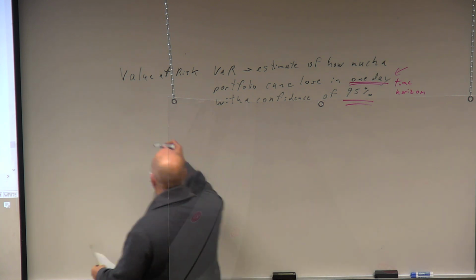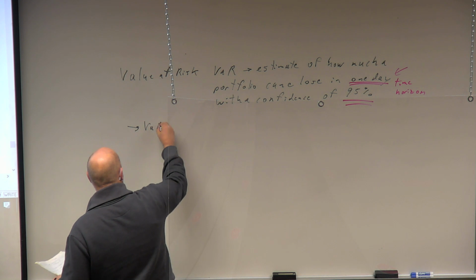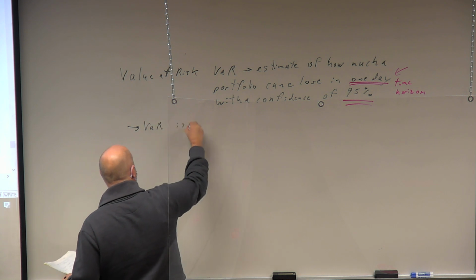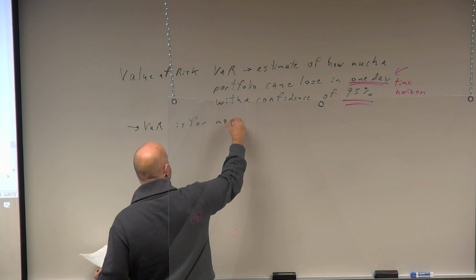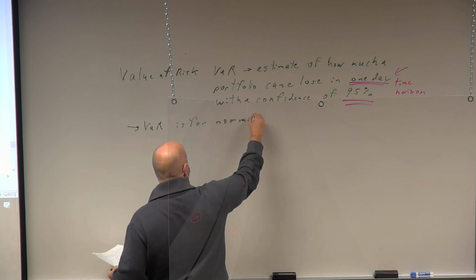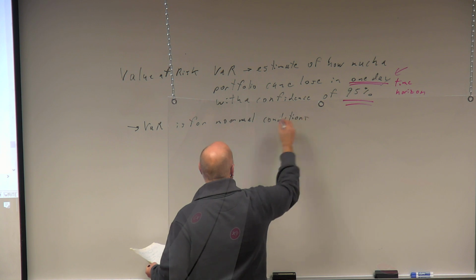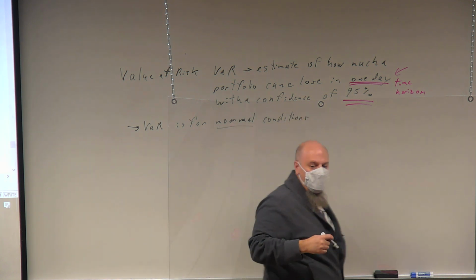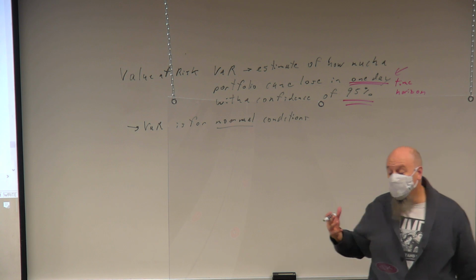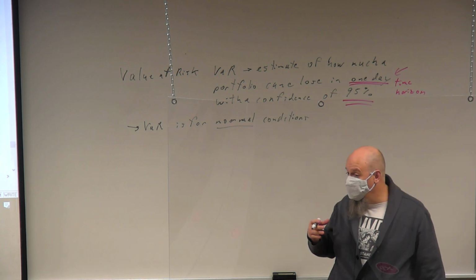So some things to think about. Value at risk is for normal conditions. Now that word normal carries a lot of weight there. By normal, I mean typical conditions.